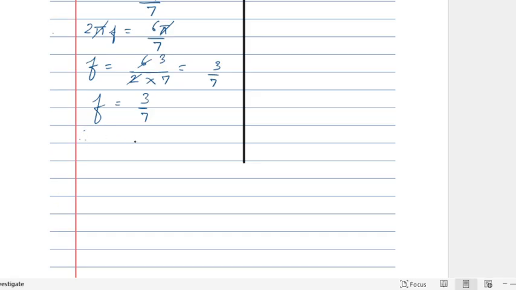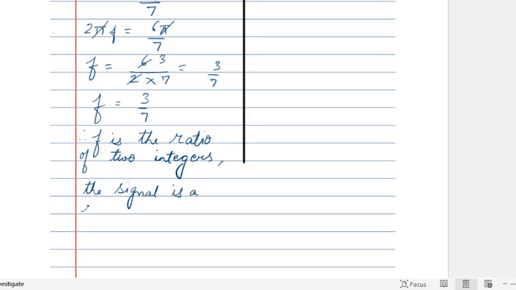Therefore f is the ratio of two integers, so we can say that the signal is a periodic signal.